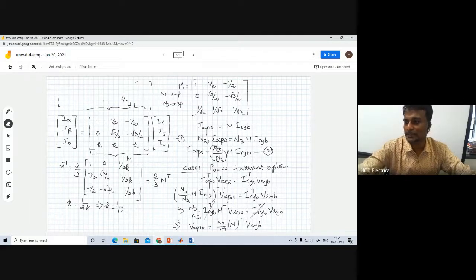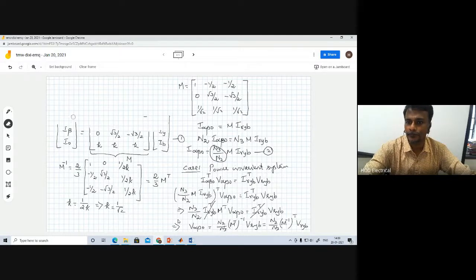Now we can rearrange this equation as N2 by N3 into M inverse of transpose into V R Y B. Now we can have V alpha beta naught equal to N2 by N3.